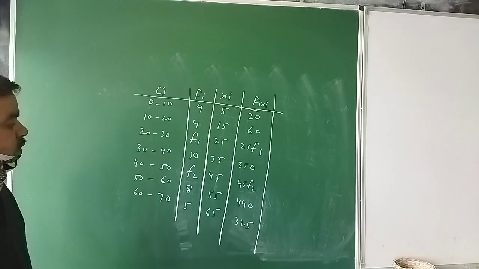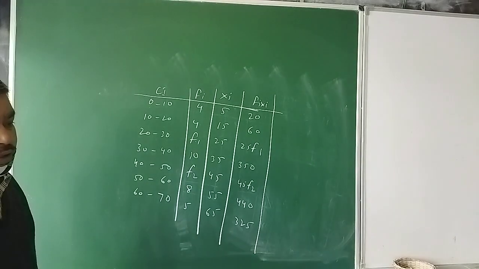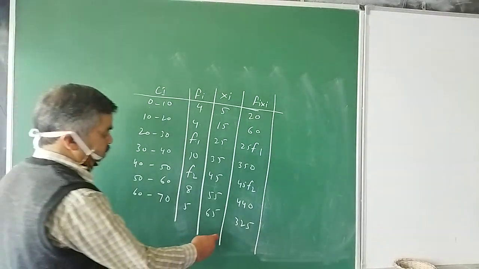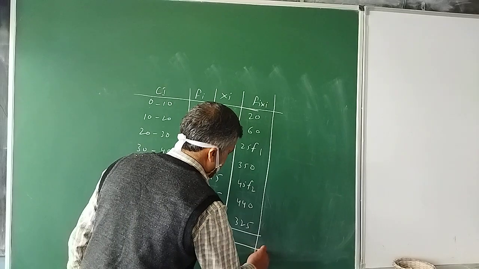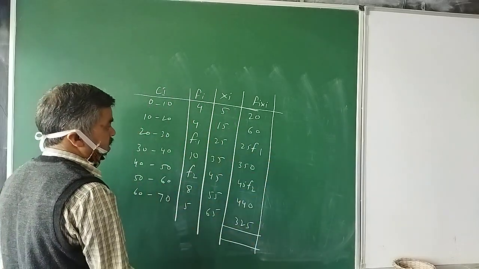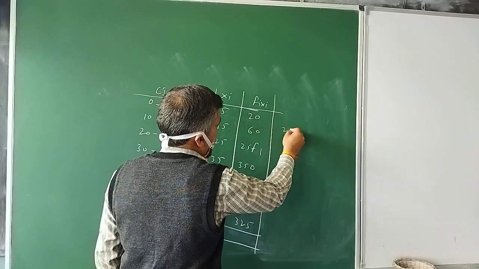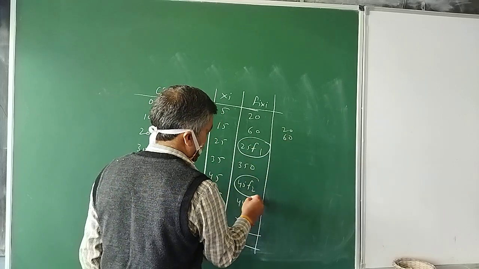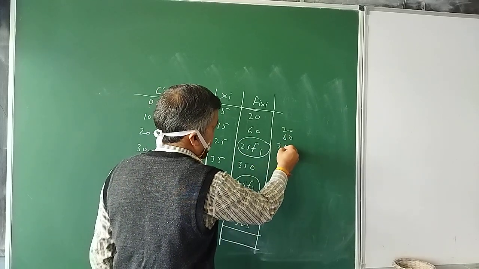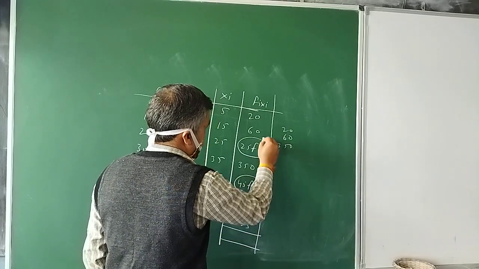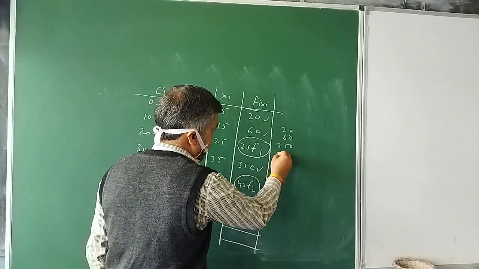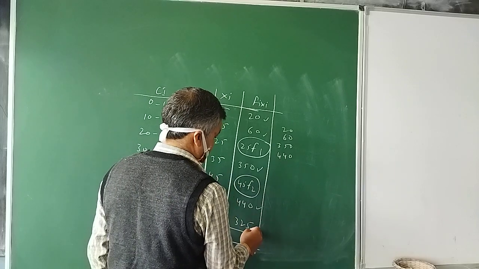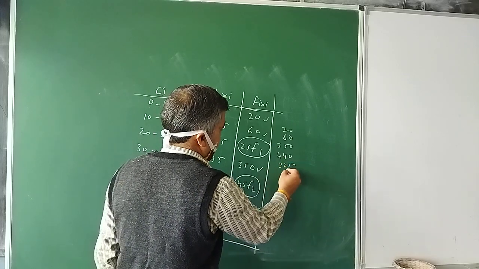So please keep a watch upon that. No mistakes should be committed while you are doing these calculations. Now to get this sum, 20 plus 60, please avoid this, these are not the constant terms. Then it is 350, then it is 440, and finally it is 325.